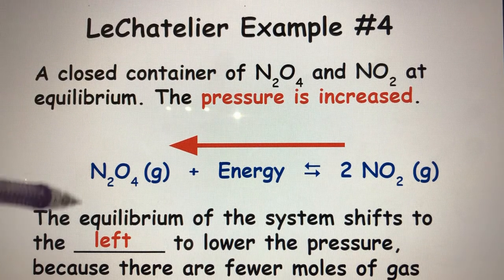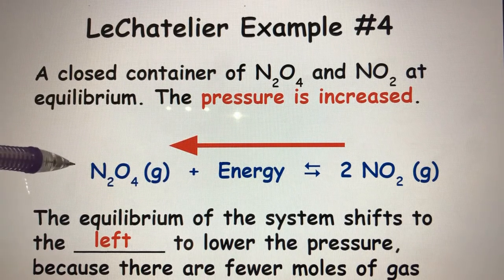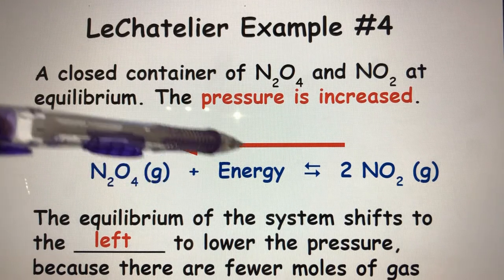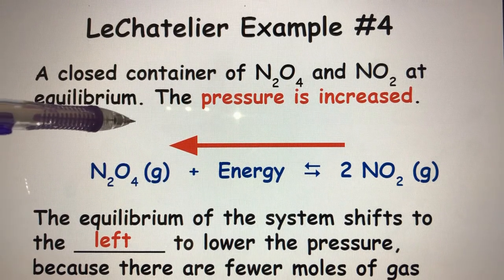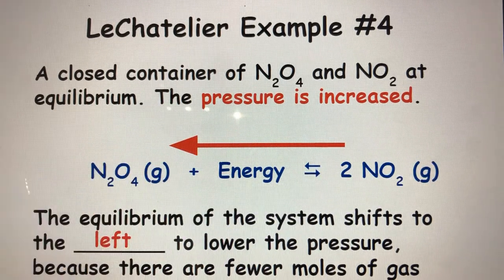There is no number on the reactant side. The only thing I have with a gas on the reactant side is this. No number in front of it means there's one. So reactants have 1 mole of gas. On the product side, there's a gas with 2 moles of gas.